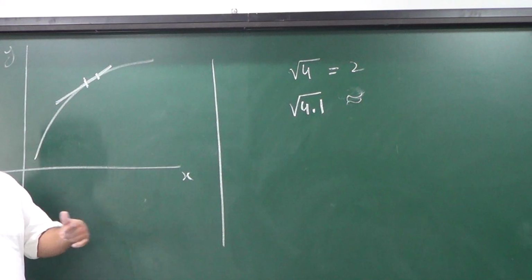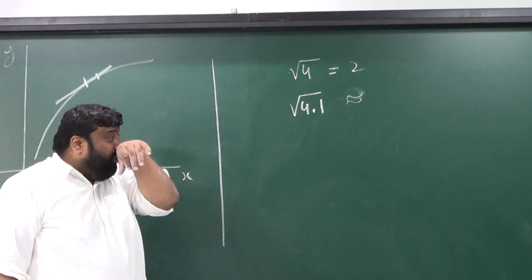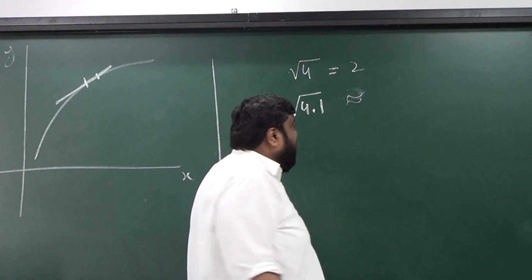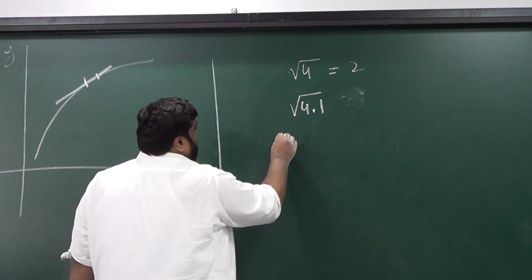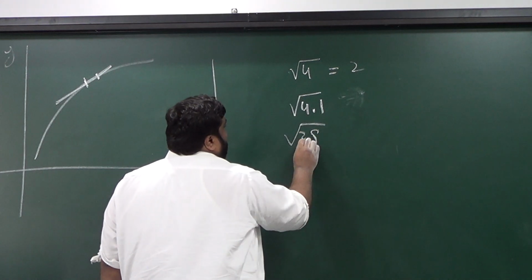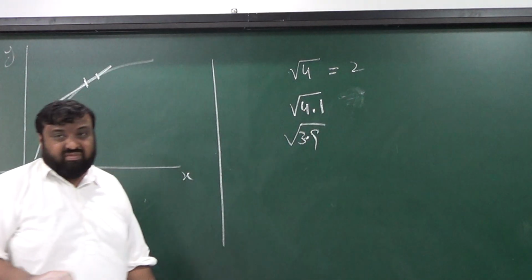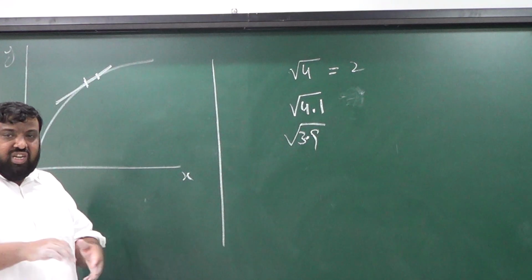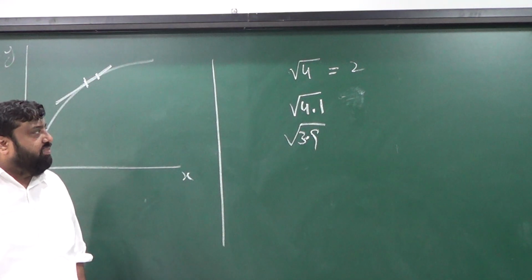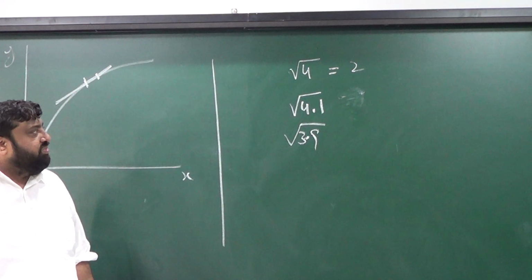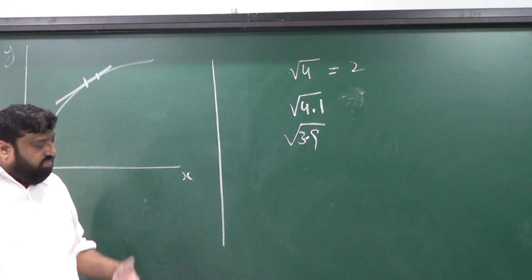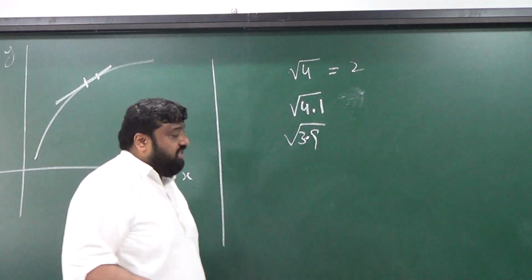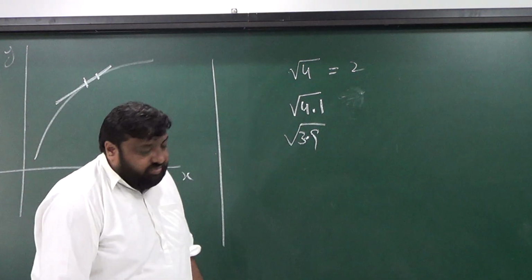You want to compute the square root of 4.1 and you don't have a calculator, or maybe the square root of 3.9 or something like that. You are really close to some number where you know the value, but you don't have a calculator to compute it. The derivatives are there to help you out in this case.